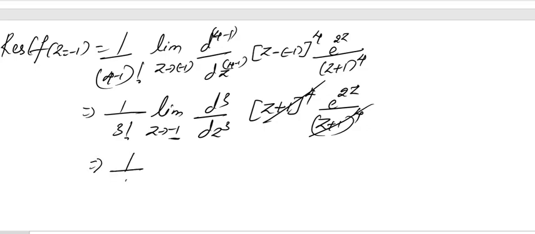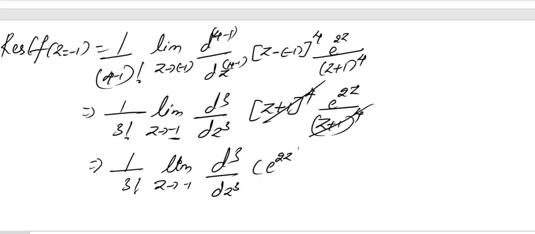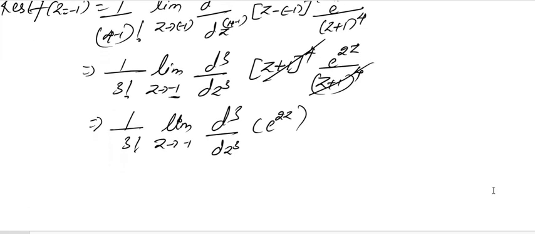So 1 by 3 factorial, limit z tends to minus 1. Three times you have to differentiate e to the power 2z. First derivative, after that you need to apply the limit. 1 by 3 factorial into limit z tends to minus 1.